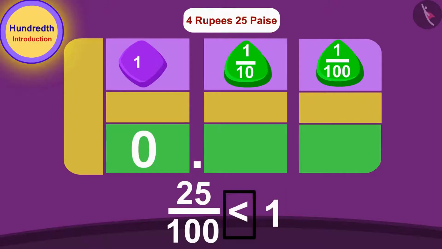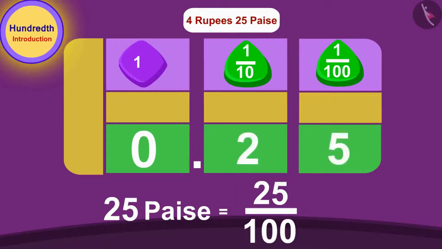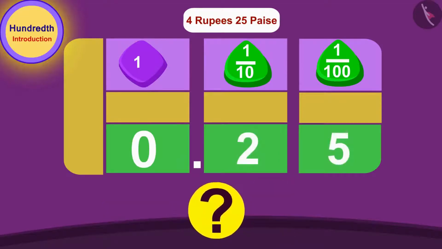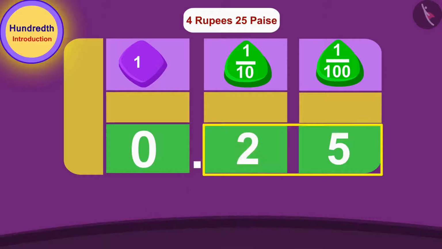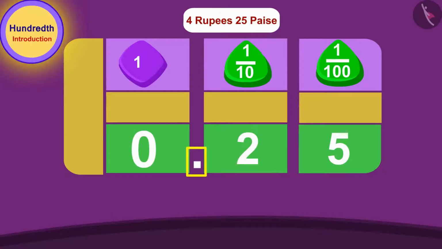Now, since 25 paise is 25/100th of a rupee, we will write the number 25 in front of the decimal point. And do you know how we read the number written in the 100th part? We will always read the number written in the 100th part after the decimal point by speaking its digits.